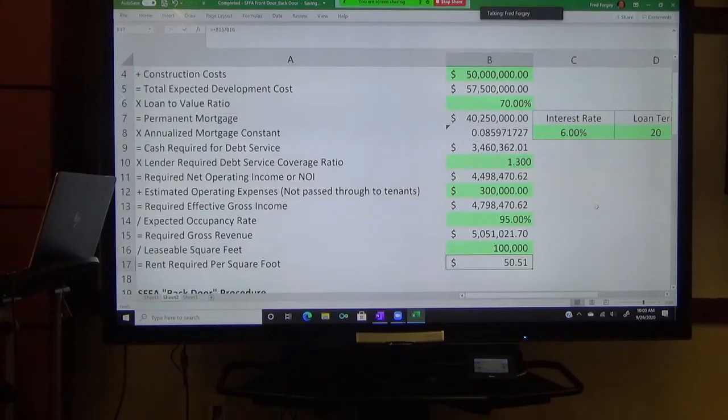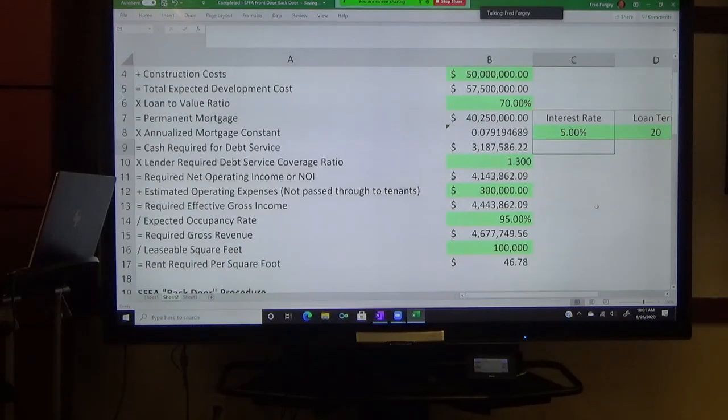Now, the fun part about this, not for you because you're having to do this by hand right now, is that we can go in and just start tinkering with the assumptions. What if we can get a lower interest rate? Look at what that does. That lowers the rent required per square foot.